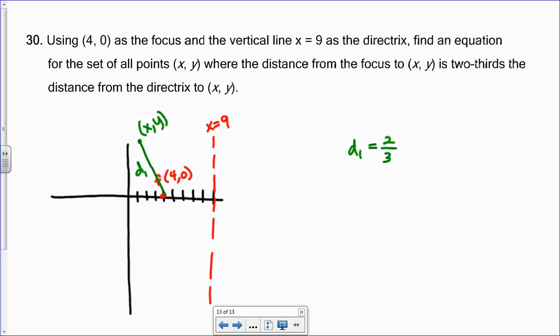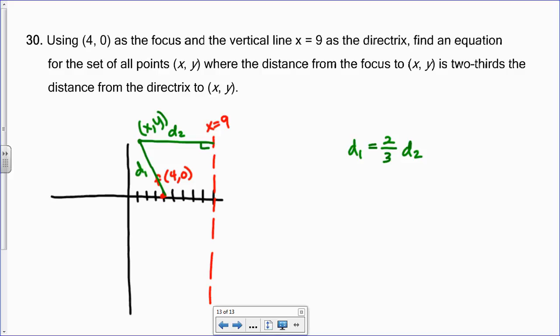Since this is a vertical line, the segment from xy to the vertical line has to be horizontal, perpendicular. Because I have that 2/3 there, this is actually not going to be a parabola. You're still going to solve it the same way, but I'll show you at the end why it's not a parabola.